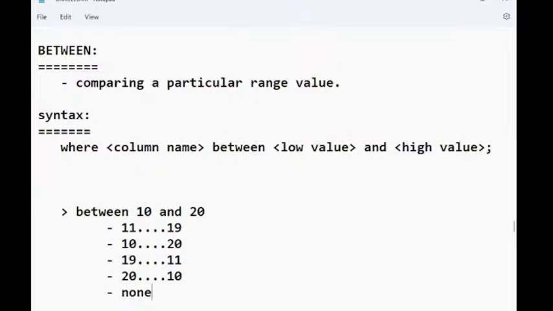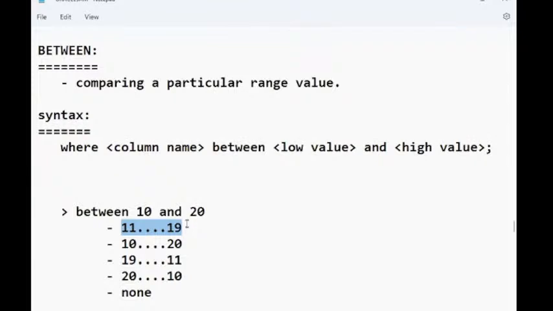11 to 19, sure. How many people are expecting 11 to 19? Just raise your hand. Who thought the correct answer is between 10 to 20?